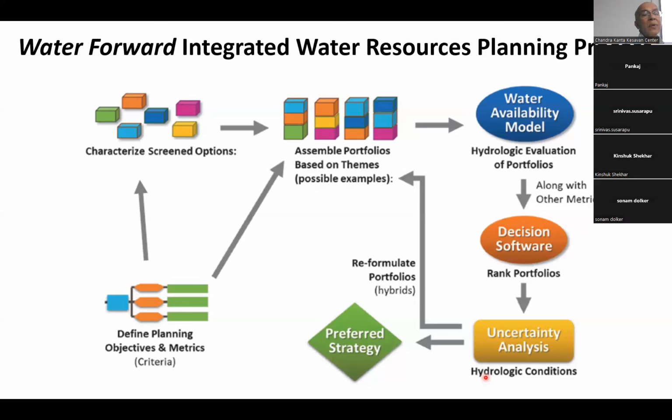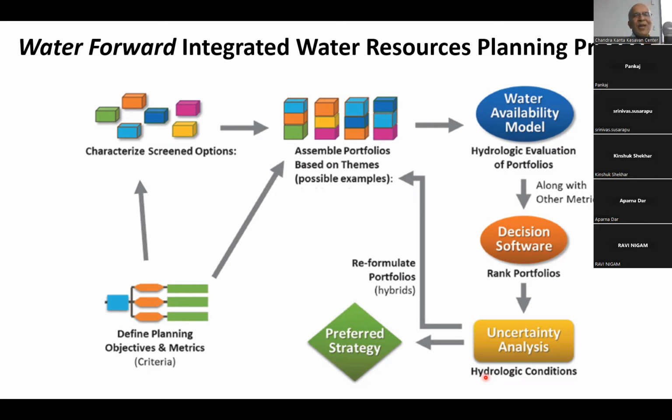So we start with the planning objectives and metrics, and then we look at the different options. How can we meet those objectives? We come up with hundreds of different screened options to meet those objectives. Then we assemble them into portfolios, just like your financial portfolio. You have so many stocks or so many bonds, or you put money in a savings account, this and that.